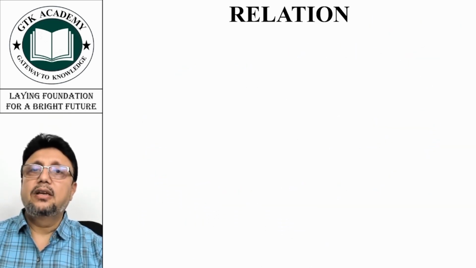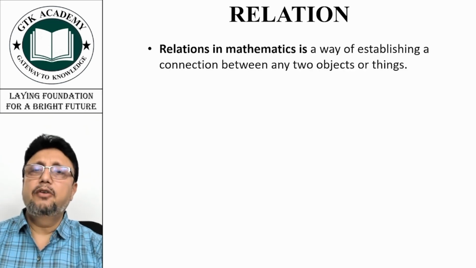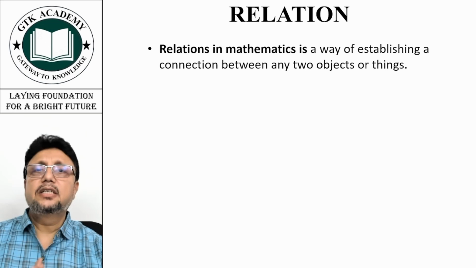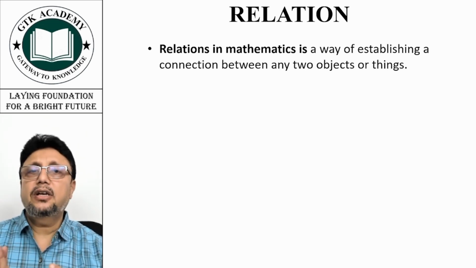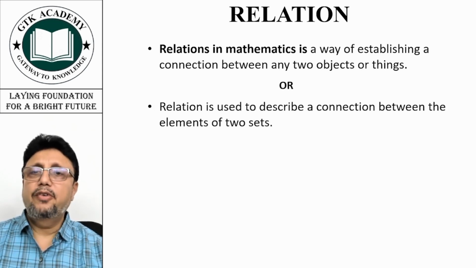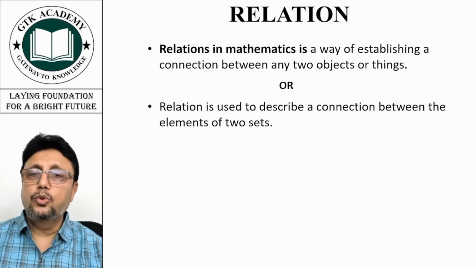Now, what is a relation? Basically, by definition, in mathematics, it's a way of establishing a relationship or connection between any two objects or things, or somewhere it is also written, between elements of two sets, as in set theory, you must have read it.